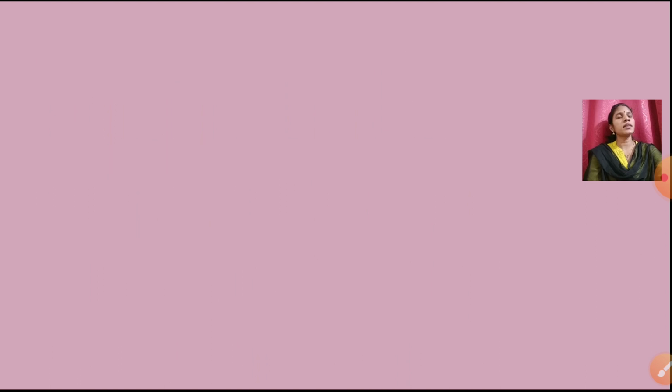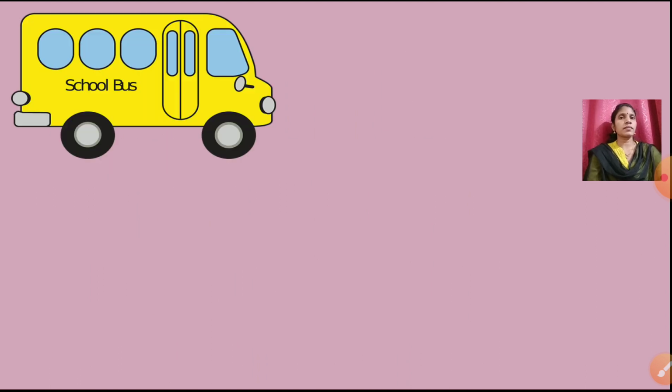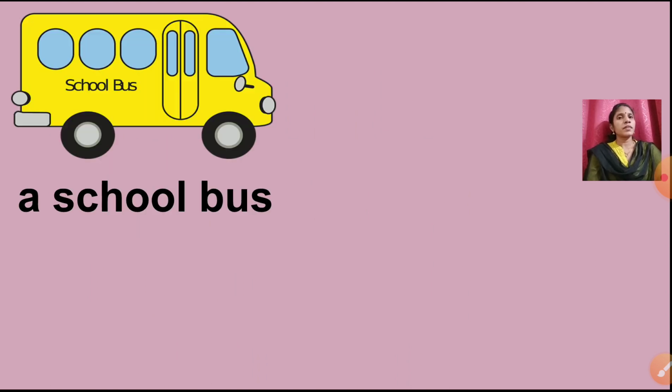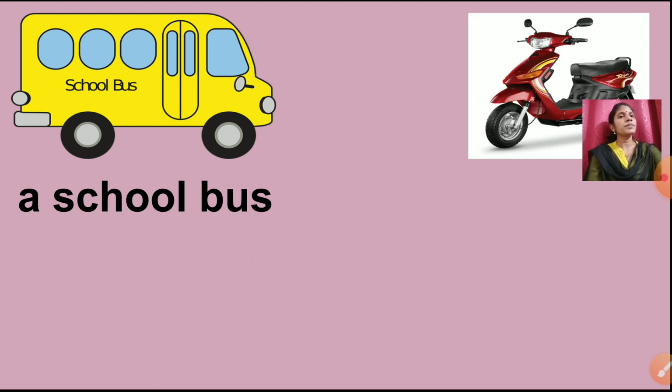Now let us see the example. A school bus, a scooter. Now children, if I am asking you, how do you go to your school? Do you go by a school bus or by a scooter?